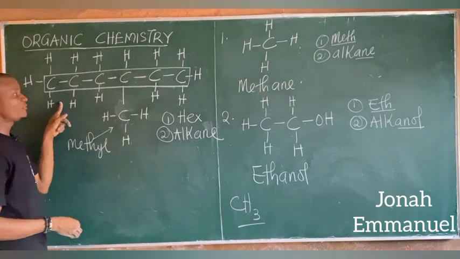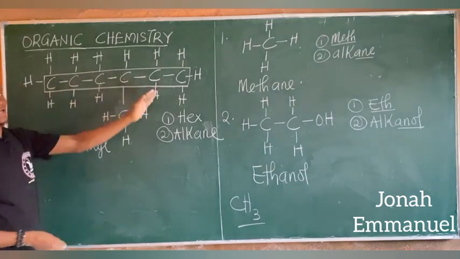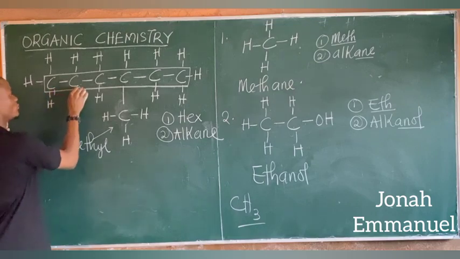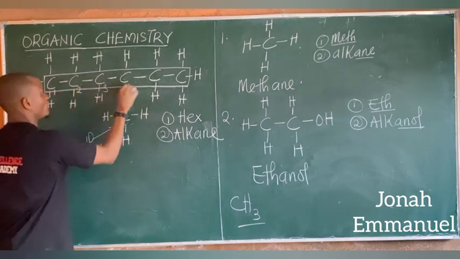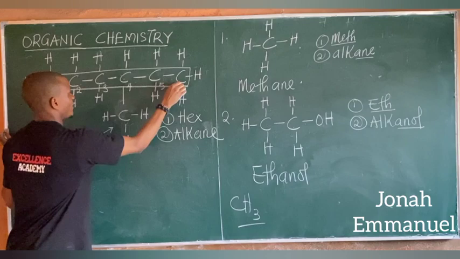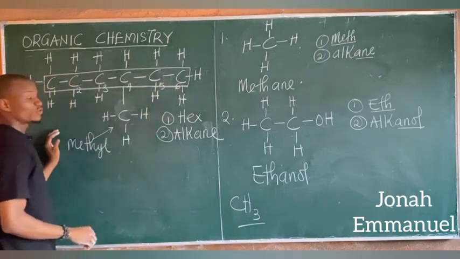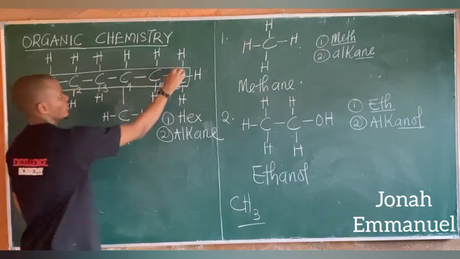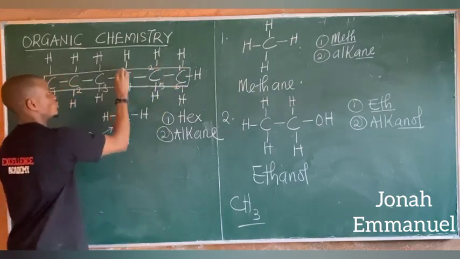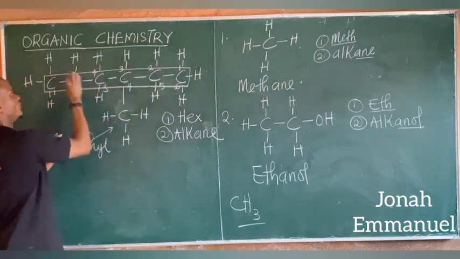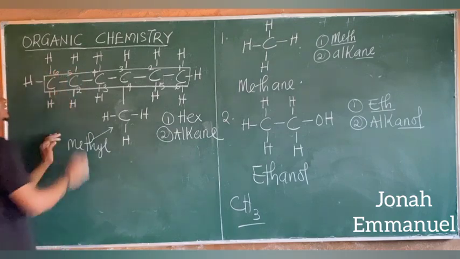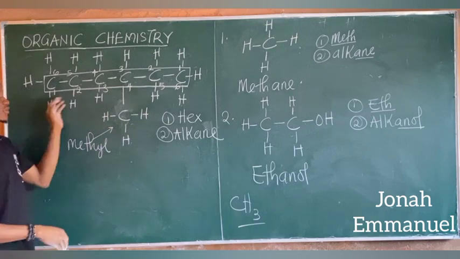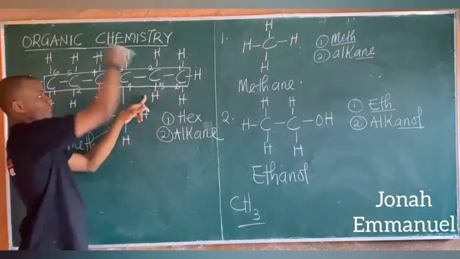Moving from the left hand side to the right hand side, my numbering is 1, 2, 3, 4, 5, and 6. I'll do my second numbering from my right hand side to my left hand side. It becomes 1, 2, 3, 4, 5, and 6. So observe the numbering: left to right is lower numbering, and right to left is upper numbering.